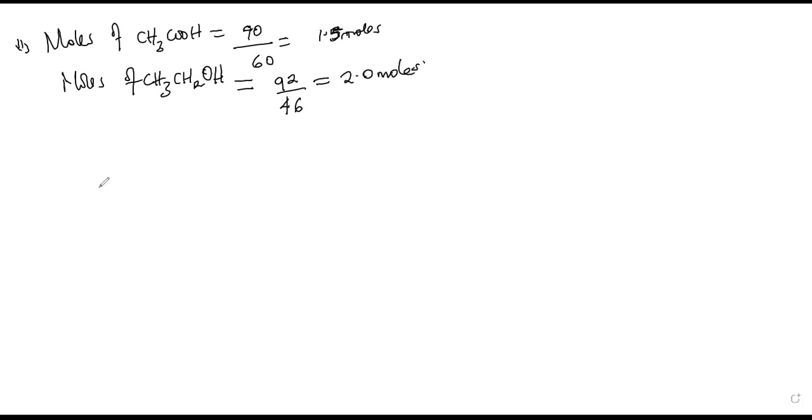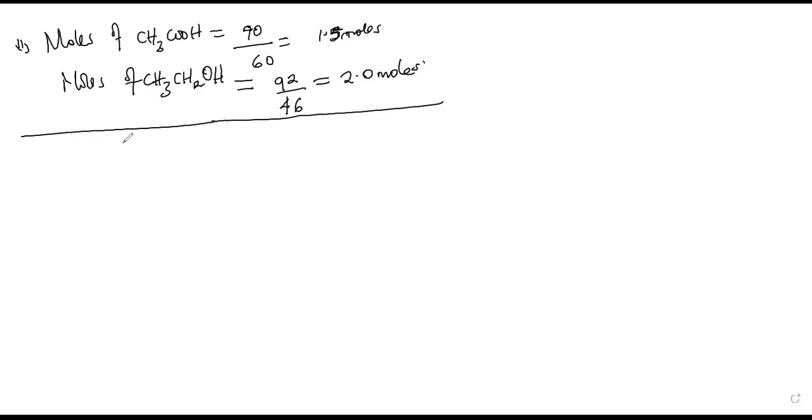Everything has changed now. But they have not given us the masses of the other substances that were formed. They didn't give us the mass of water. They haven't given us the mass of ethyl ethanoate. Instead, they want us to get the mass of ethyl ethanoate.